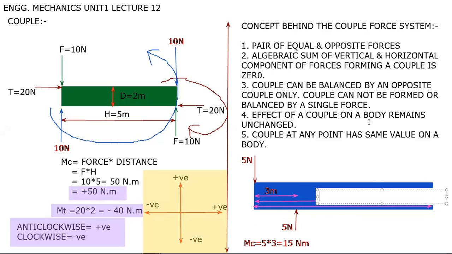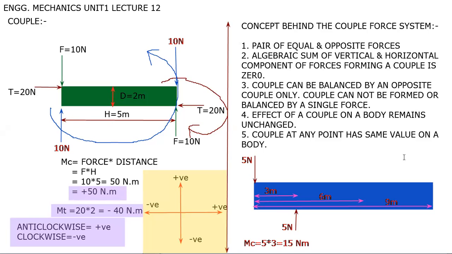Now this one is 3 meter, this one is 6 meter, and the last one is 9 meter. So you got here 3 distances, 3 meter, 6 meter, and 9 meter.